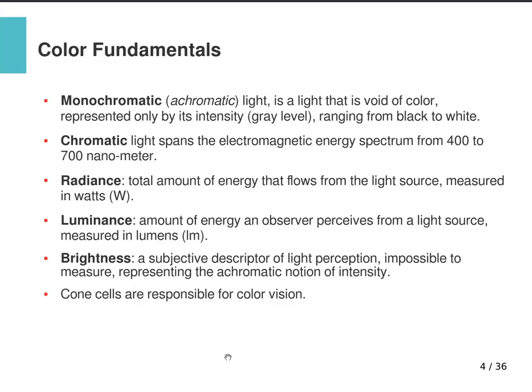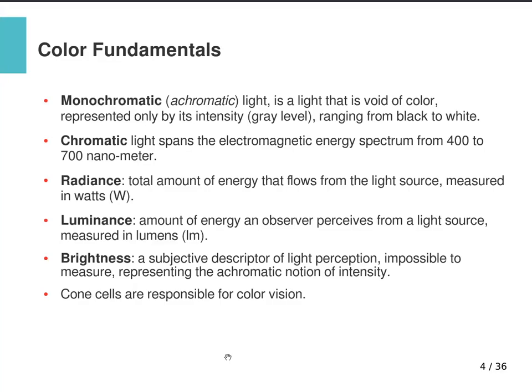And then for any source of color, we can have radiance, which is the total amount of energy that flows from the light source, and it's measured in watts. We have the luminance, which is the amount of energy an observer perceives from a light source, and it's measured in lumens. And we have finally brightness, which is a subjective descriptor of light perception, and it's basically impossible to measure and represents the achromatic notion of intensity.